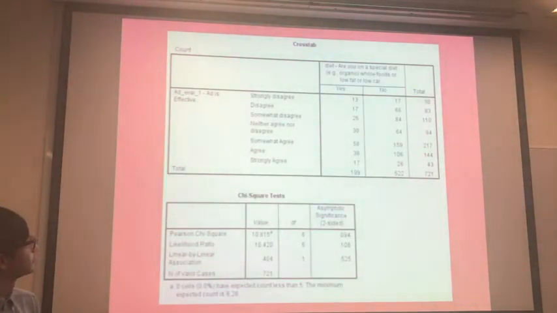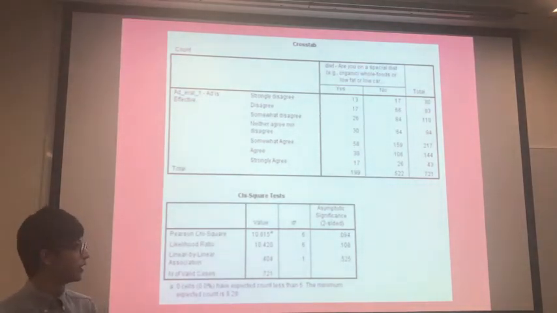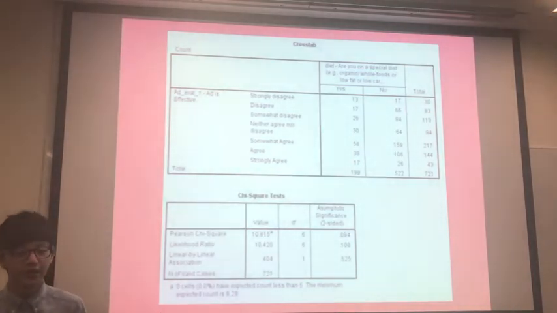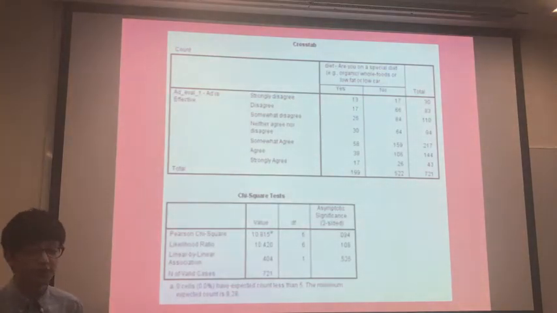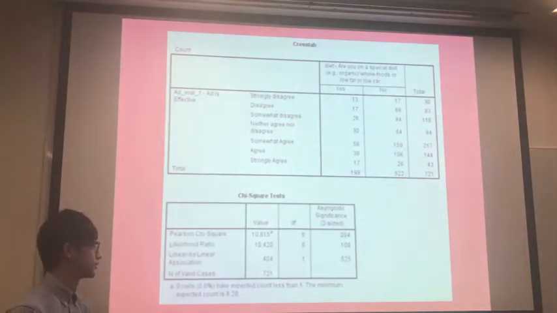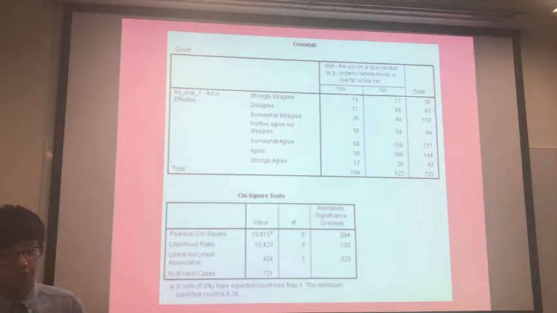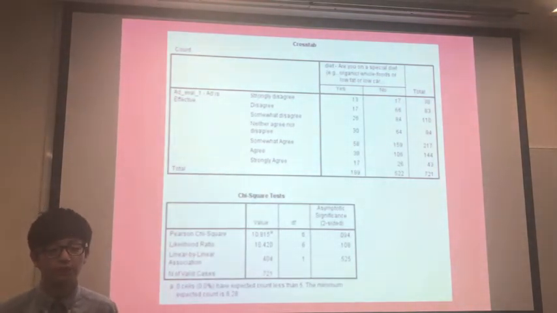Similarly, the last test is between whether or not the respondent is on a diet and the effectiveness of ads. It doesn't show any significant relationship as well, because the asymptotic significance is also larger than 0.05. So in conclusion, all the chi-square tests we have conducted do not show any results.